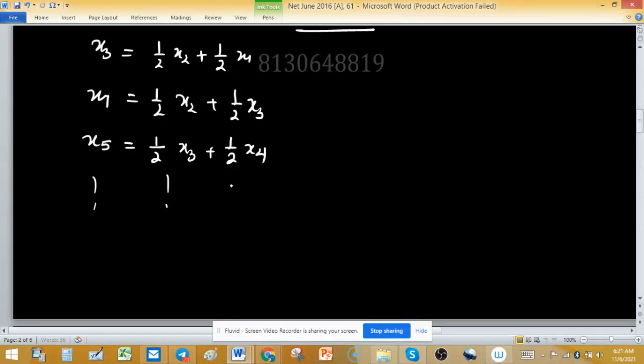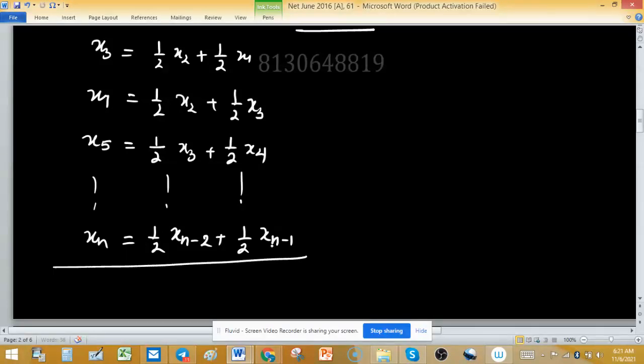And doing this, we can write xn equal to half of xn minus 2 plus half of xn minus 1. Now add all these, so it will be x3 plus x4 plus and so on up to xn, and in the right hand side half of x1.